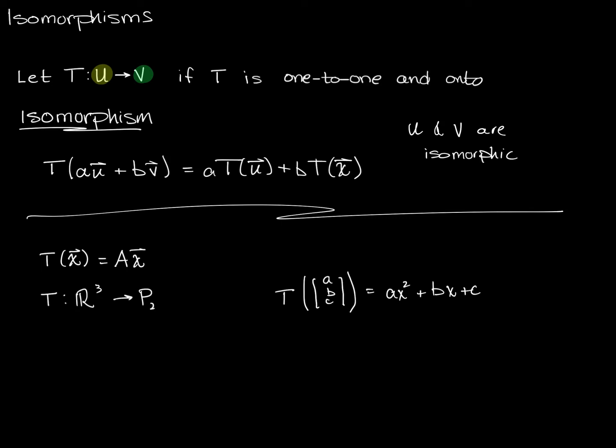I'll take a look at one-to-one first, and that says for every possible output that exists in the codomain V, that's going to be P2 in this case, I can only map that back to one thing in R3. I can only map it back to one input vector.